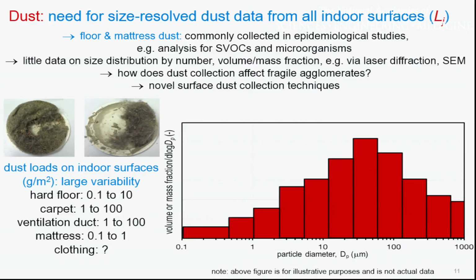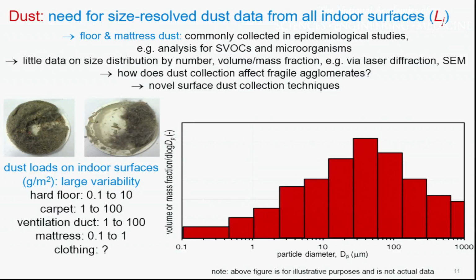Now, although we have a lot of data on dust loads and information on stuff in dust, we have very little data on the size distribution of dust particles. And I think this is something that's really a future research need. Here's an example, just an illustration of a volume or mass fraction of dust.